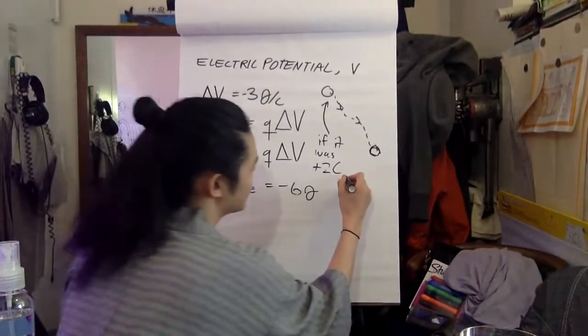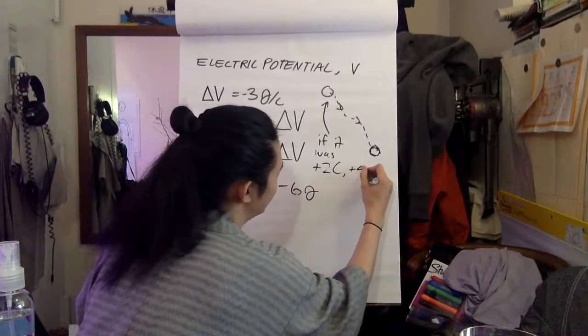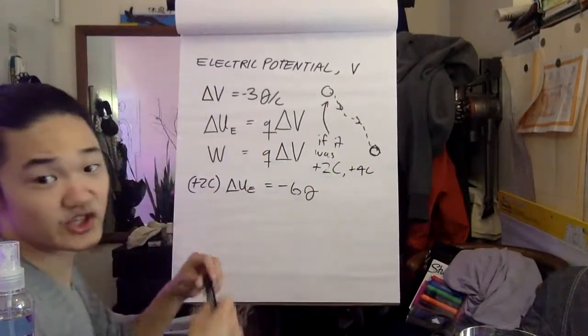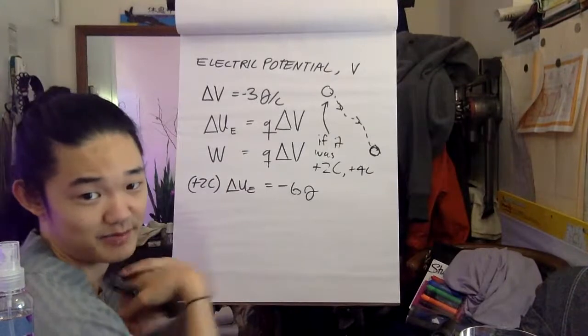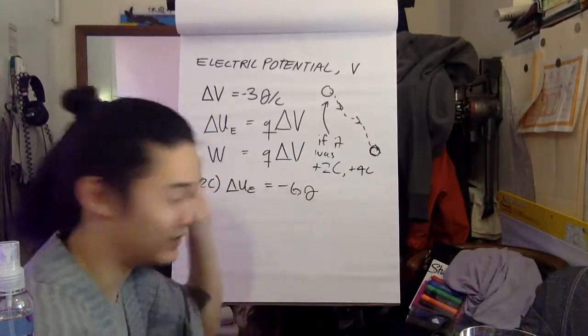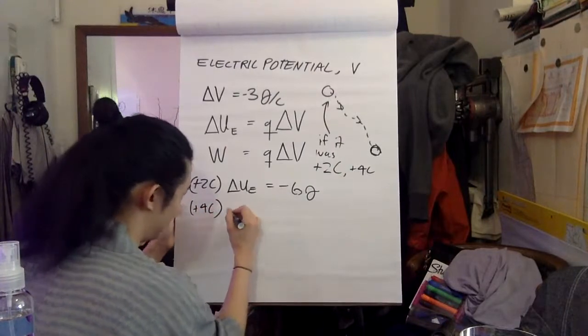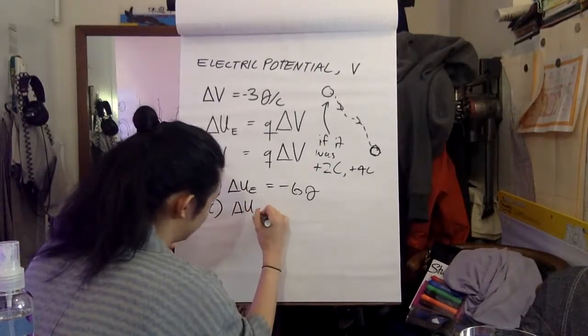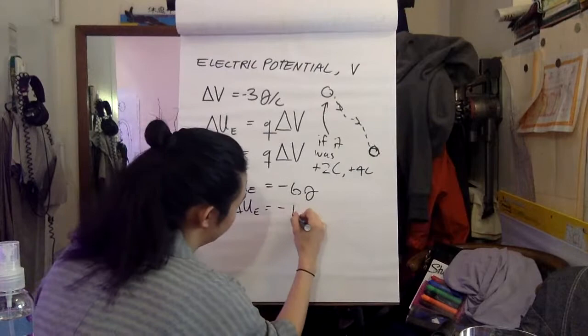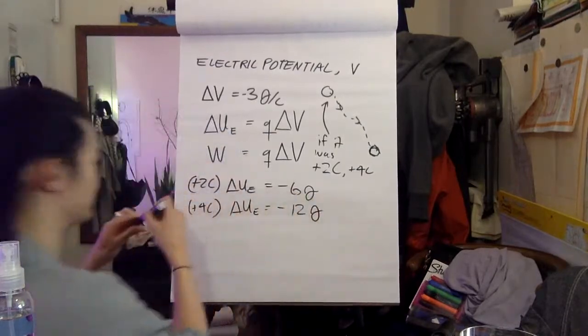If it was positive 4 coulombs, right? Didn't change the mass, right? I just added like a bunch of protons, no big deal, all right? So for the positive 4 coulomb object, the change in electric potential energy is negative 12 joules, right?